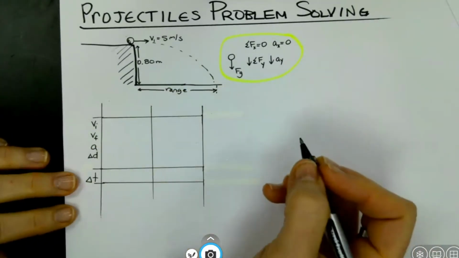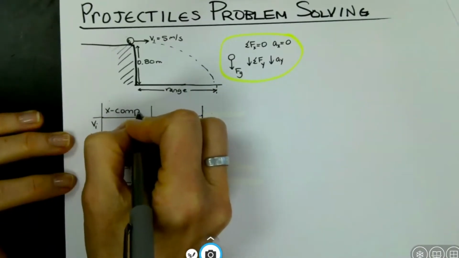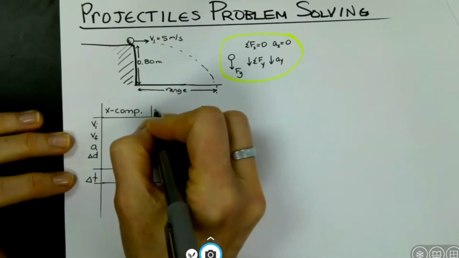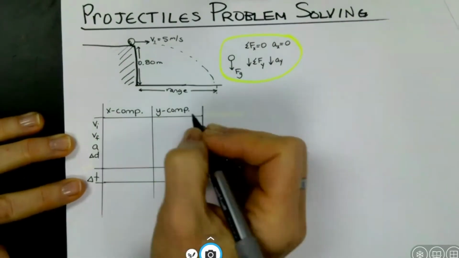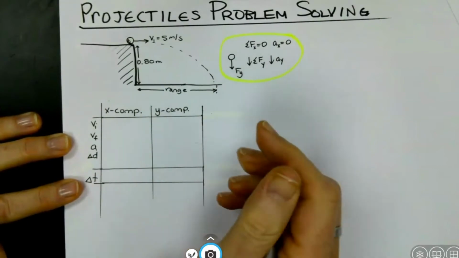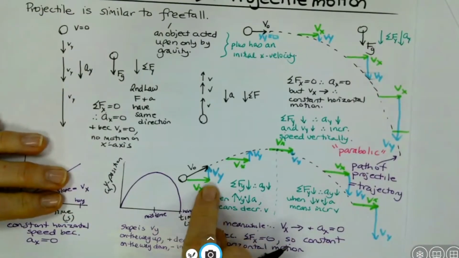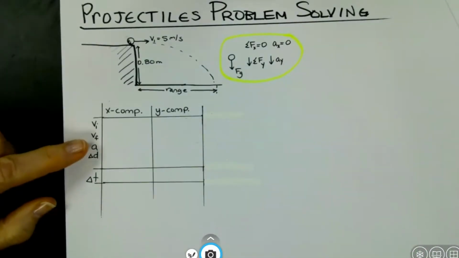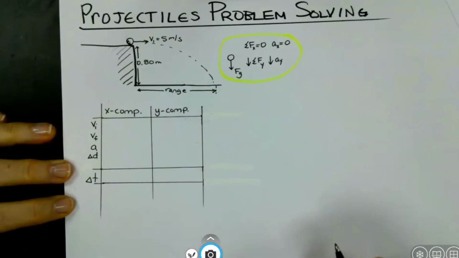So in projectiles, because there's 2 dimensions, we have to have 2 columns, not just one. We're going to have the Y component and the X component. The word component just means part, right? So we have those 2 different axes that we were talking about here, the Y and the X. So we need to have 2 parts because they're vectors and direction does matter.